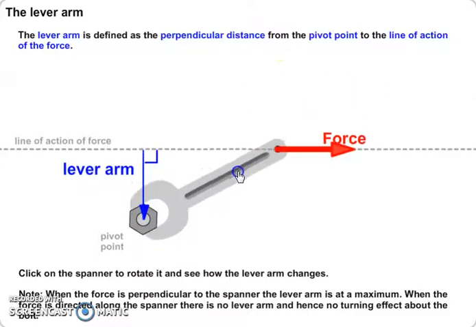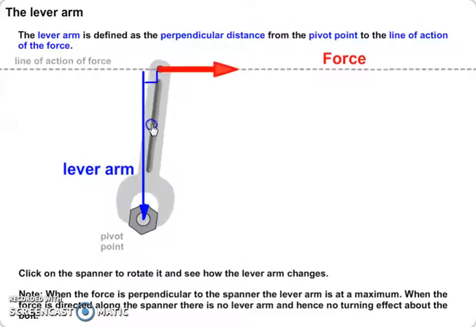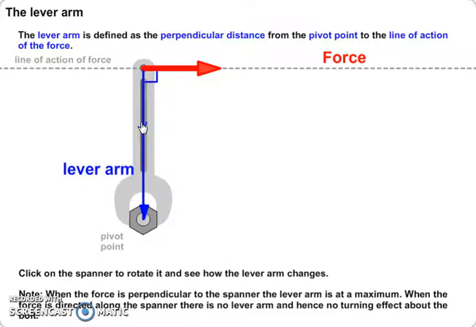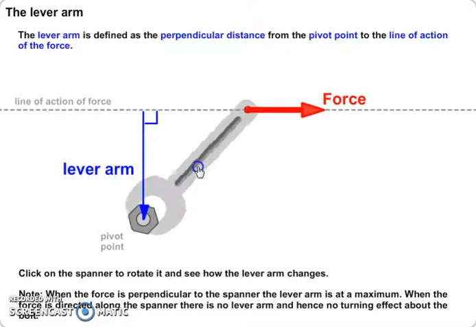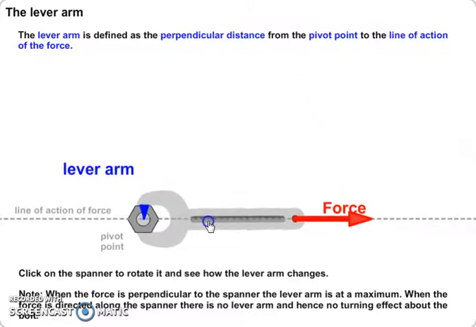And when is it maximum? It's maximum when my spanner is perpendicular to the direction of the force. So this one will have maximum turning effect, because I have maximum lever arm distance, and I will have minimum turning effect when I go all the way under here.